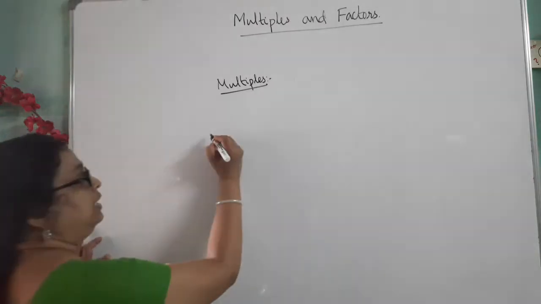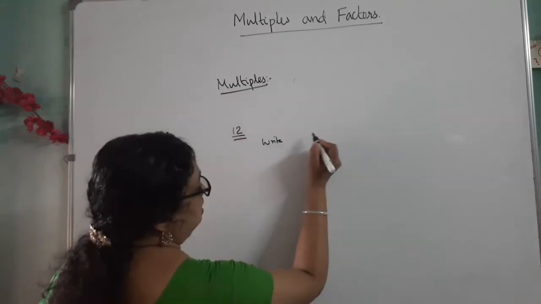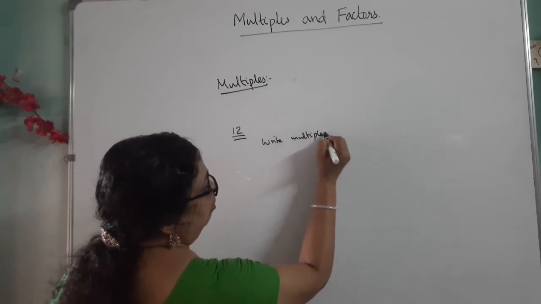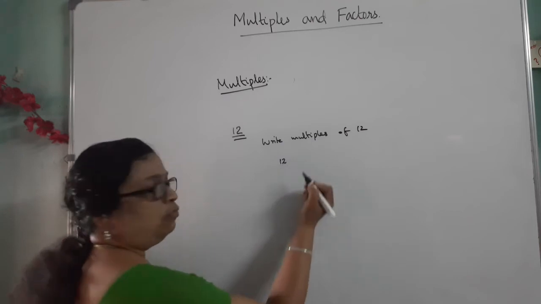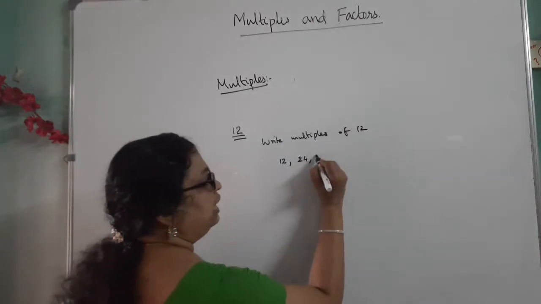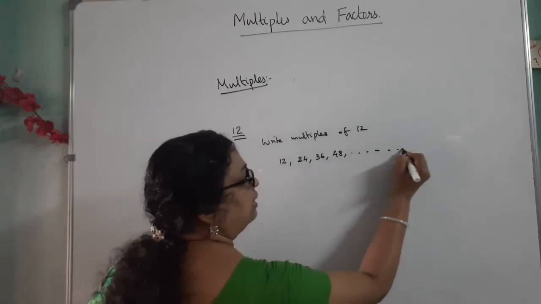Then writing multiples. First we can take a number 12. Write multiples of 12. So, multiples of 12 are 12 into 1, 12, then 12 into 2, 24, 12 into 3, 36, 12 into 4, 48, etc. are the multiples.